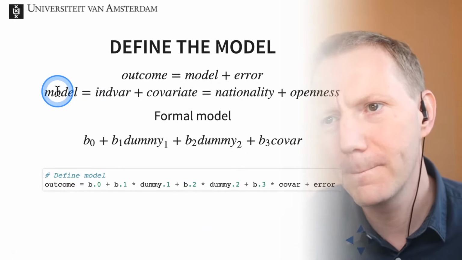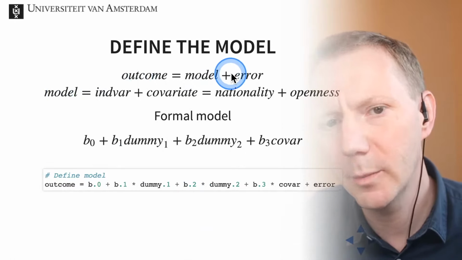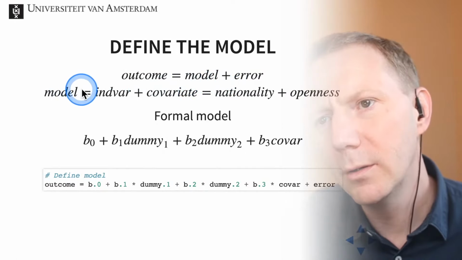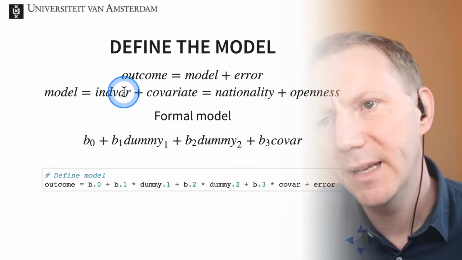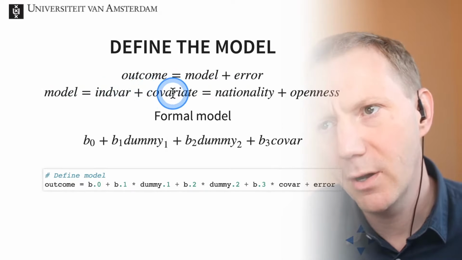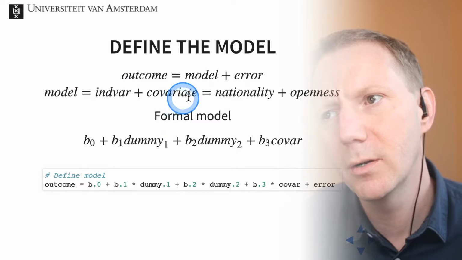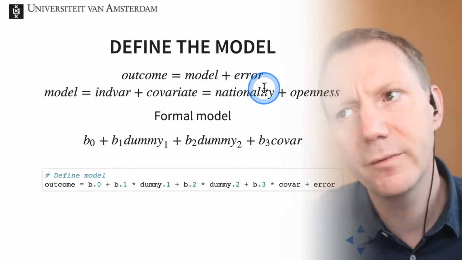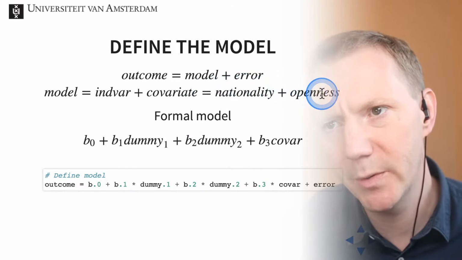So if the outcome is the model plus the error, the model is defined by the independent variable plus the covariate. So it's essentially the nationality that you have plus the openness to experience.